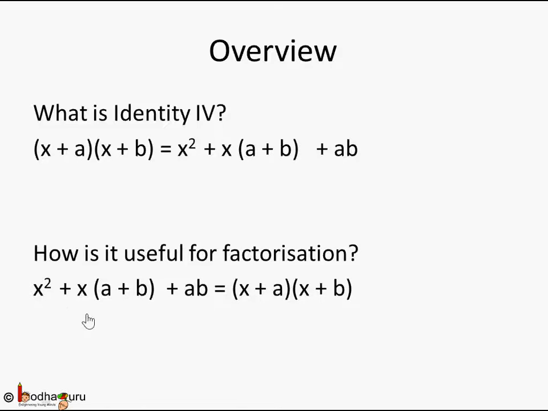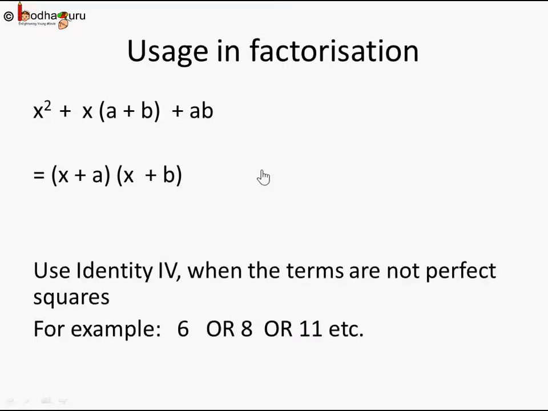Given an algebraic expression of this form, all we have done is just written this thing first on the left hand side. So if we are given an algebraic expression of this form, we can write it as a product of (x + a) into (x + b), right? And when do we use this identity 4 and not identity 1, because that also looks very similar?